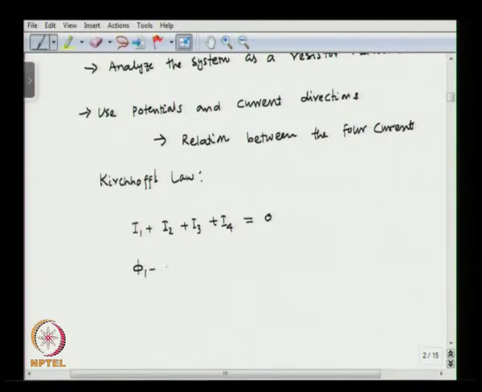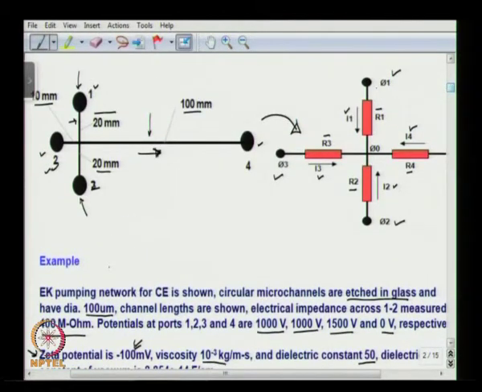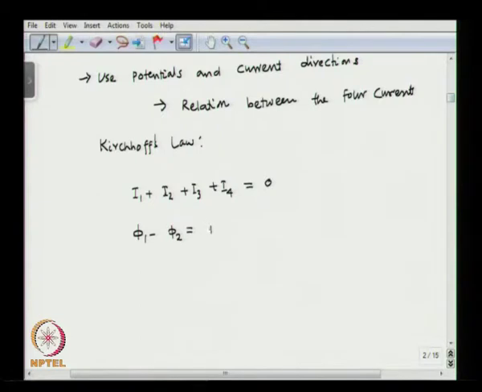Now phi 1 minus phi 2 is going to be I1 R1 minus I2 R2, because the direction of I2 is in this direction, so it will be minus I2 R2.